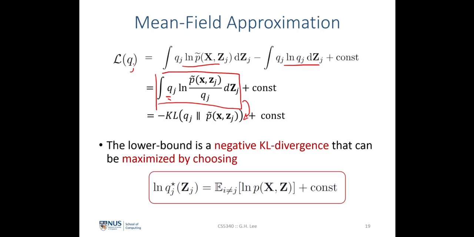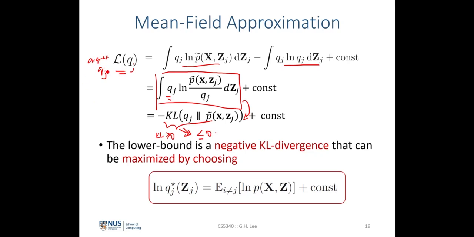And what's even more interesting here is that since we are doing a maximization over q_j on the lower bound, this particular term has a negative sign on the KL divergence, which we know is always going to be more than or equal to 0. This means that when we take the negative sign, this term is always going to be less than or equal to 0.